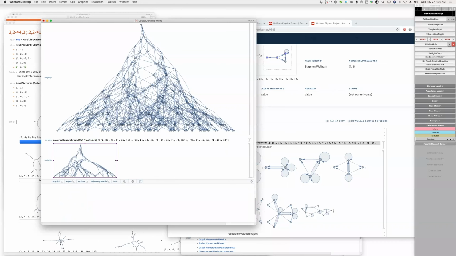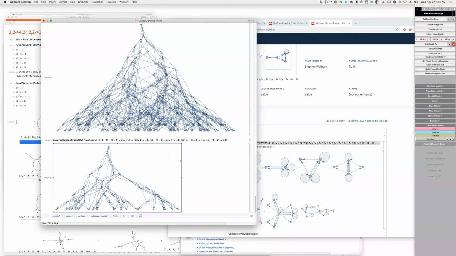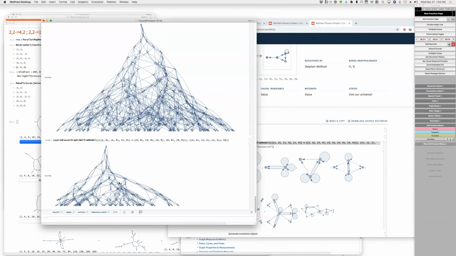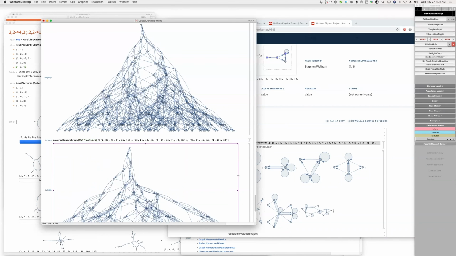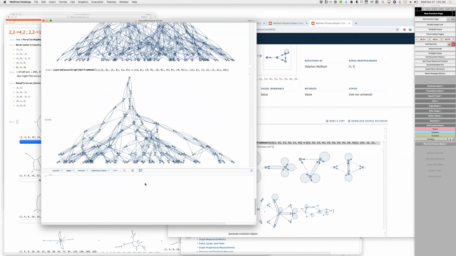Look, this is the disconnected guy. Is it? Wait, can you show the state itself? No, it's not disconnected yet, apparently.